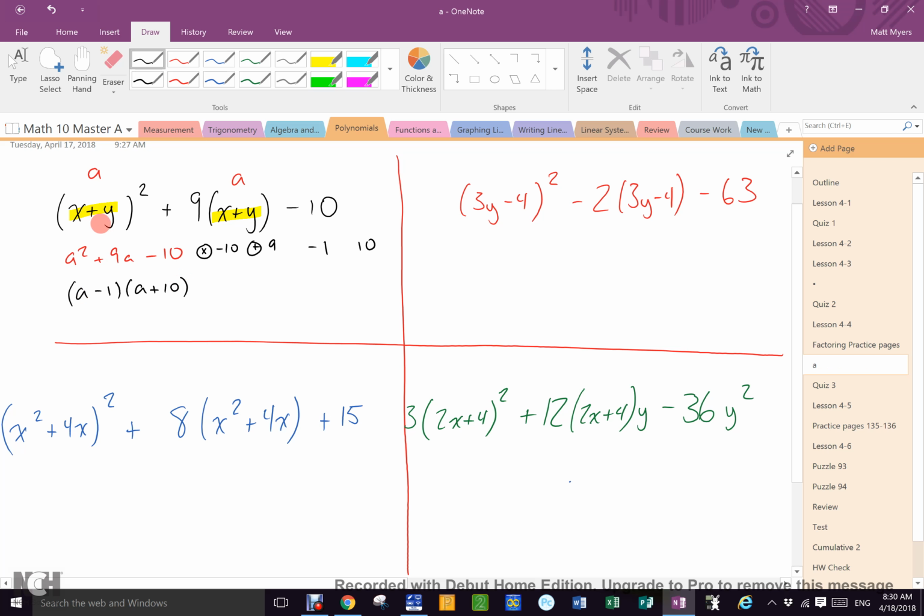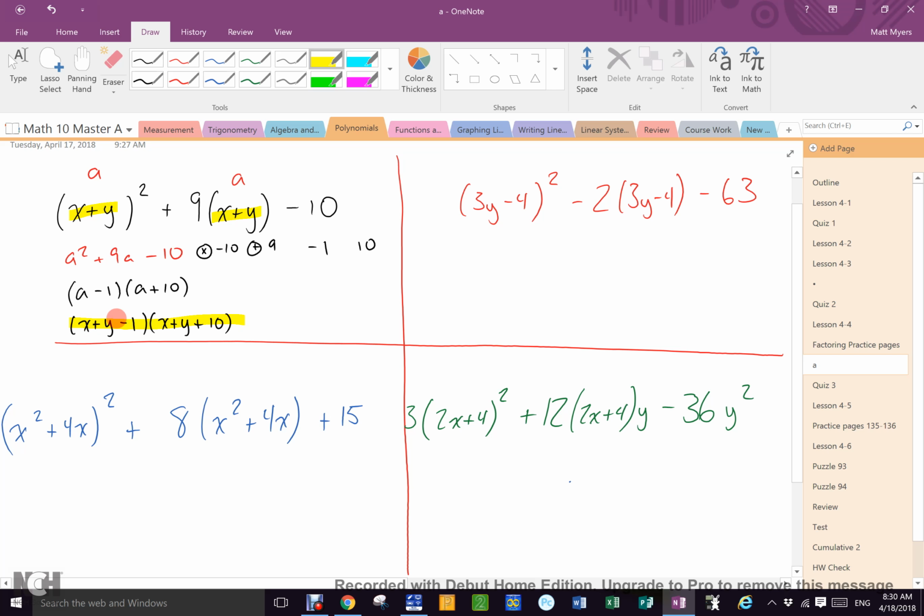Except there is no A in the original question. What is A? X plus y minus 1. And what's A? X plus y plus 10. And now it's done, because x, y, and 1 don't share a factor.